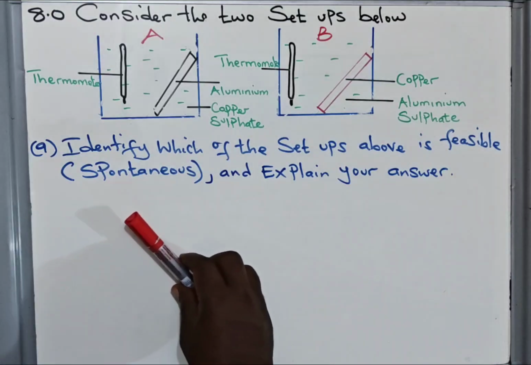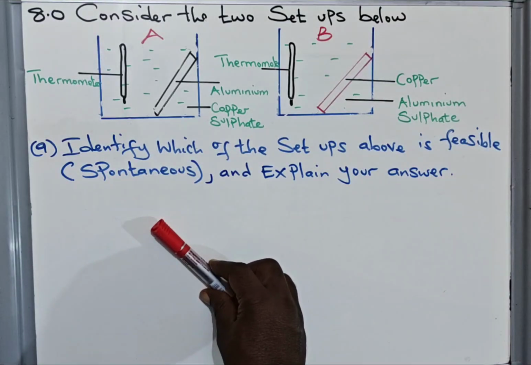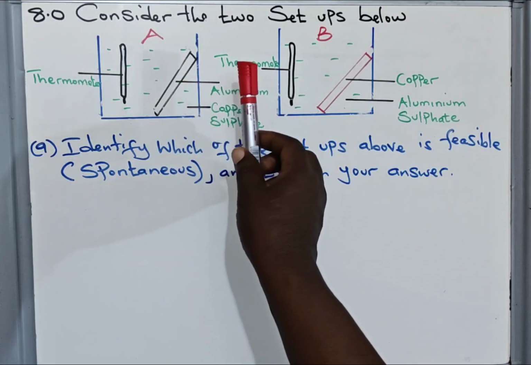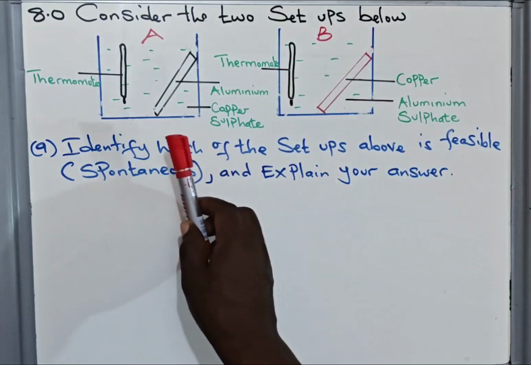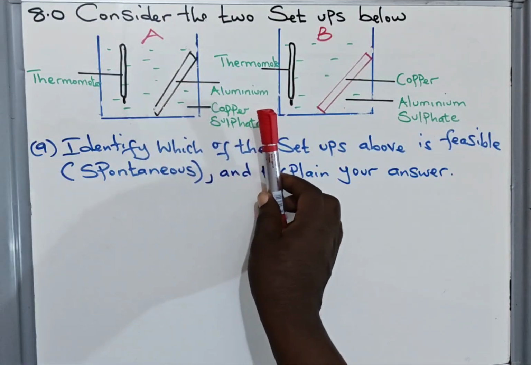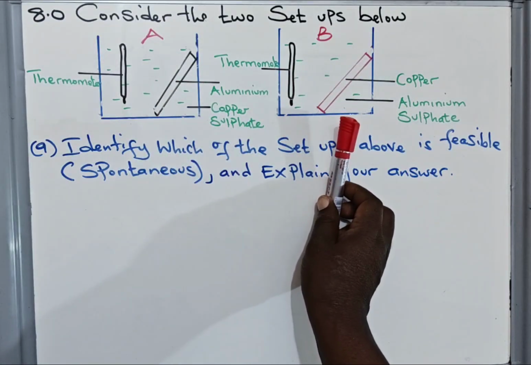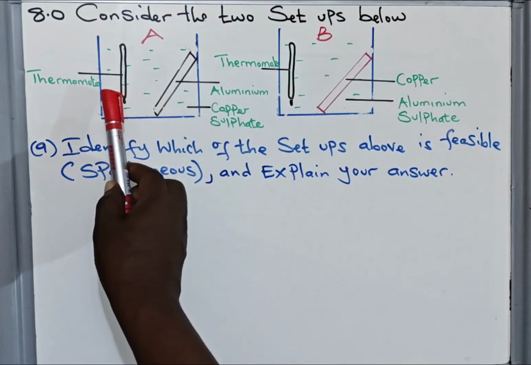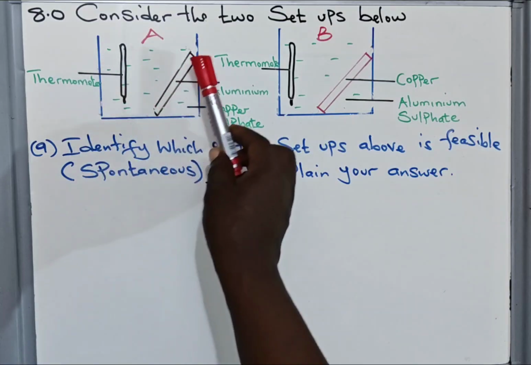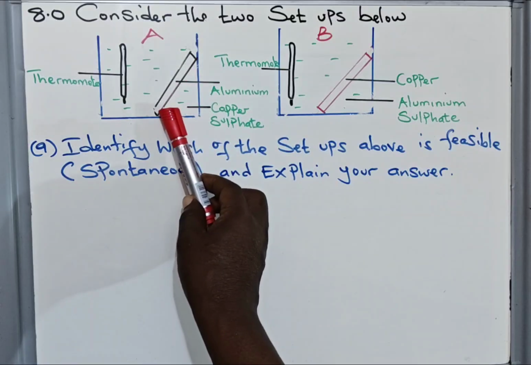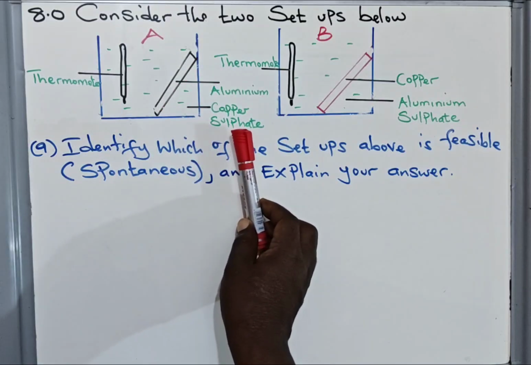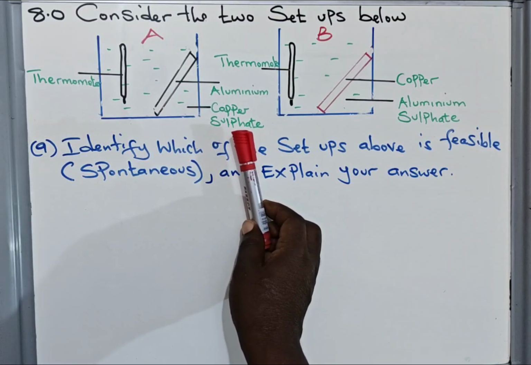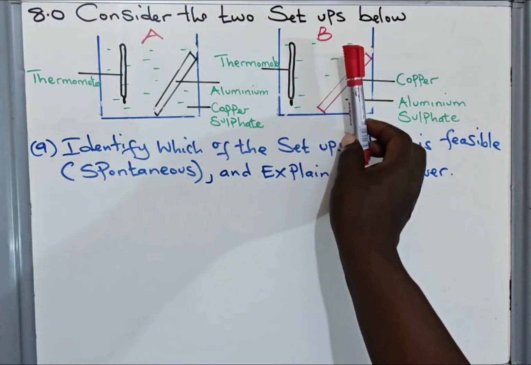Yes, today we are looking at this question. It says, consider the two setups below. So we have setup A and B. Let us see what we have in A. We have the thermometer and an aluminium strip immersed in copper sulfate solution. Also, what do we have in B?